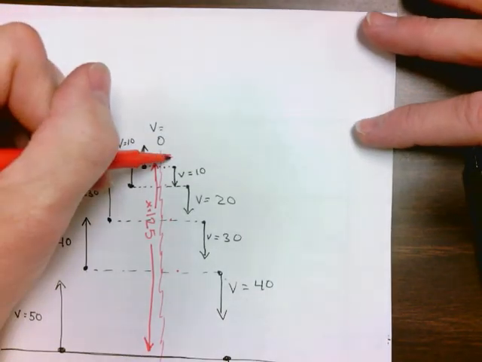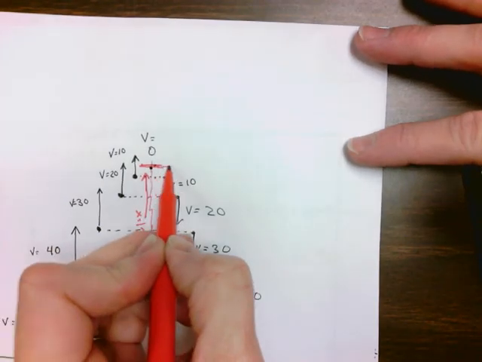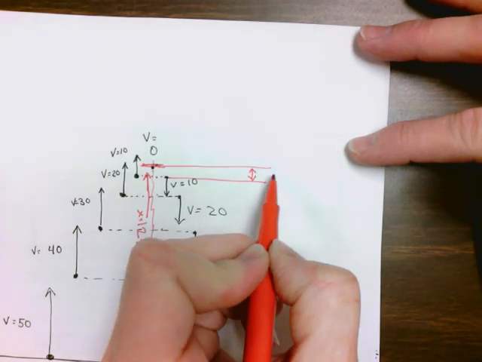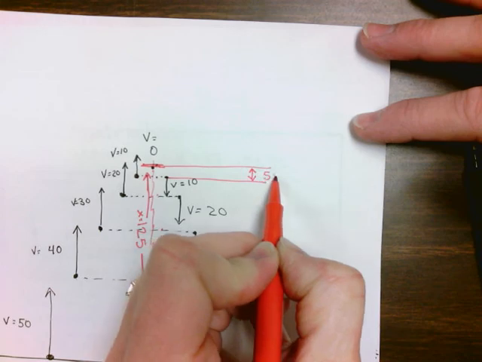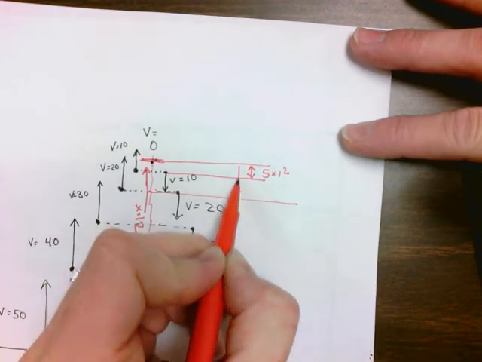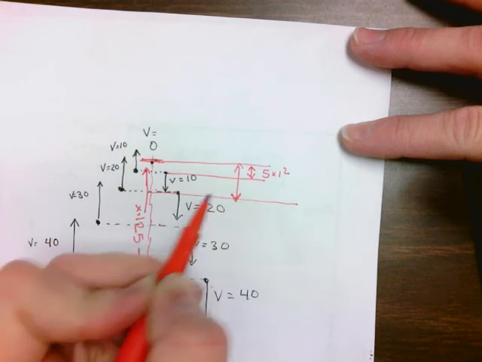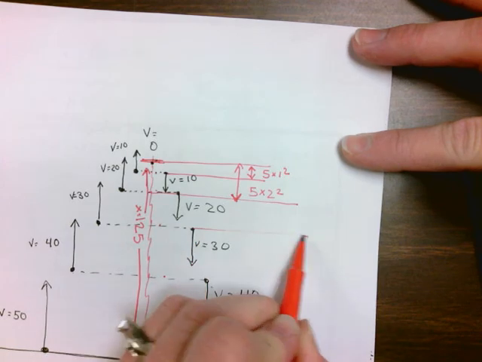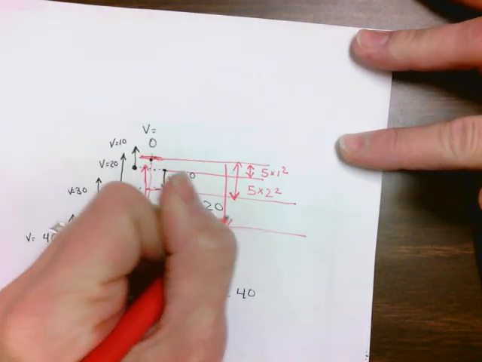So 5t squared. So 1 second down, 1 second from the top is 5 times 1 squared. 2 seconds from the top is 5 times 2 squared. 3 seconds from the top is 5 times 3 squared.